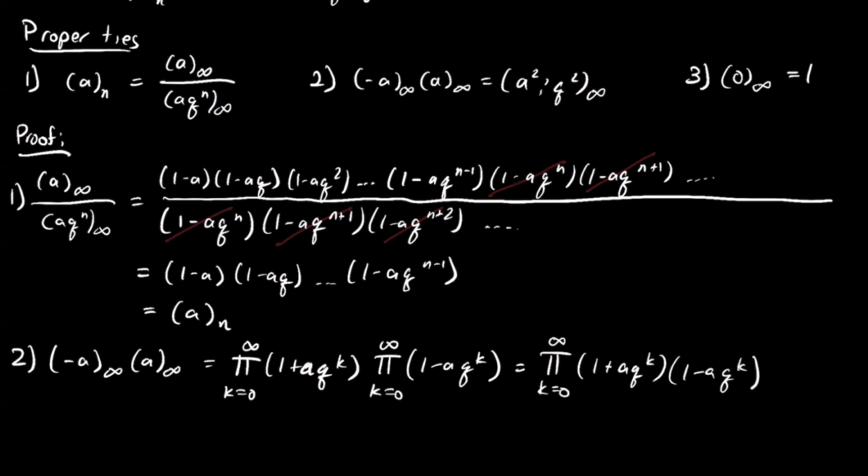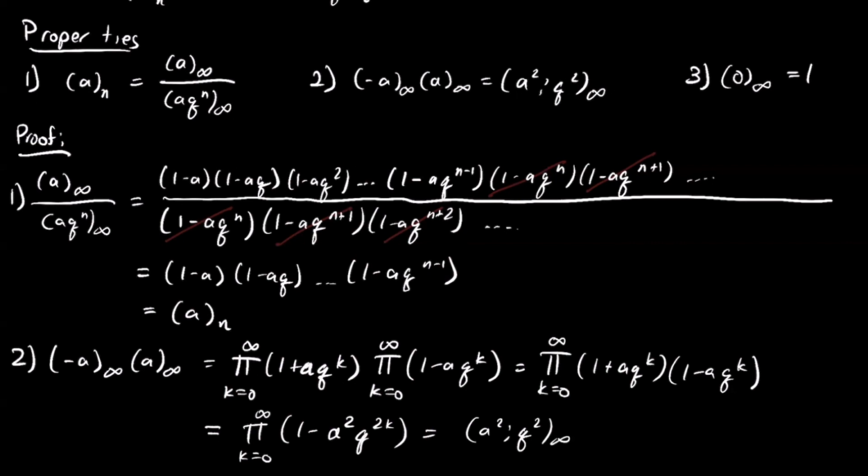And when we multiply these out, what do we see? Well, we get 1 minus a squared q to the 2k, as k goes from 0 to infinity. And the thing that we notice is that this is none other than (a squared; q squared) sub infinity. So this is the q-Pochhammer symbol where you've replaced a with a squared and q with q squared.